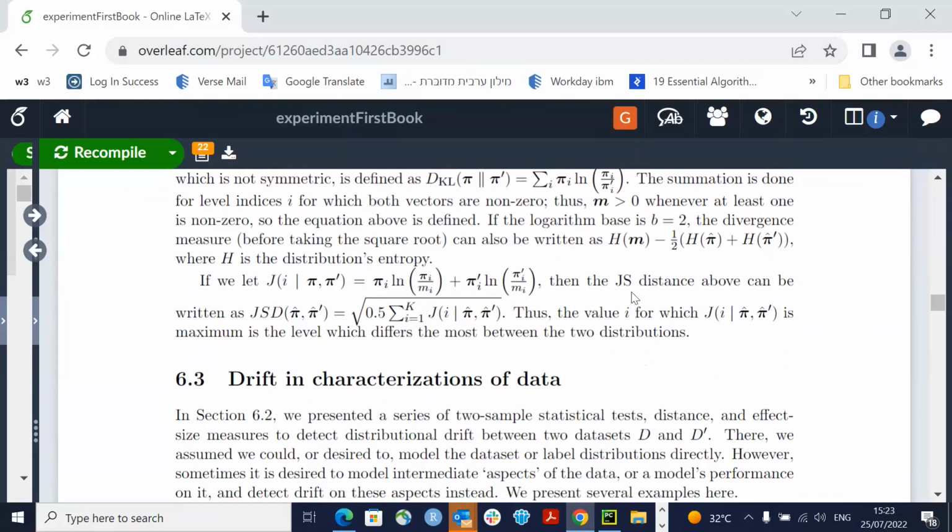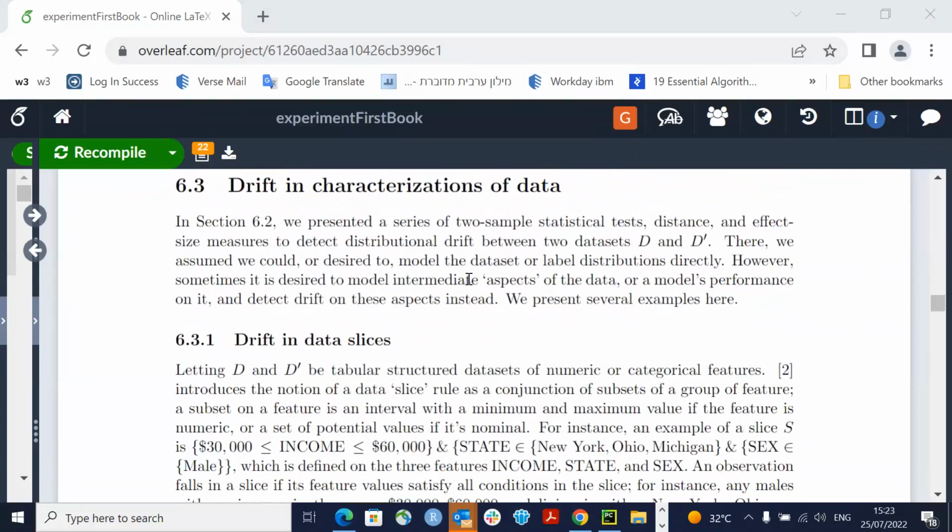Here I'm going to mention some papers that we've written, which show that instead of doing drift detection directly on these data sets D and D prime, you can model some intermediate aspect and then do drift detection on that.